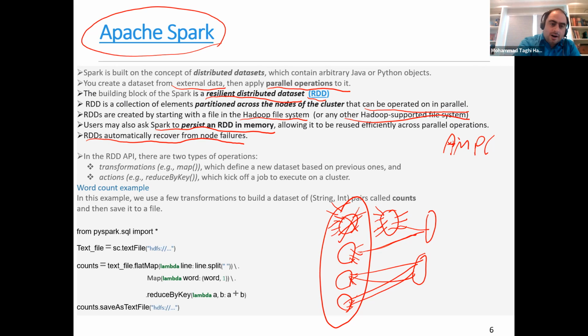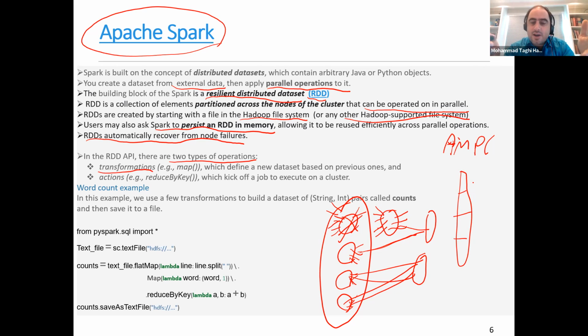Now, in the RDD API, there are two types of operations that we are doing. First, transformations. What are these transformations? You have a big data set. You may decide that this data set is on these computers in this way: the first computer, the second, and so on. Then I want to distribute it in a new way.